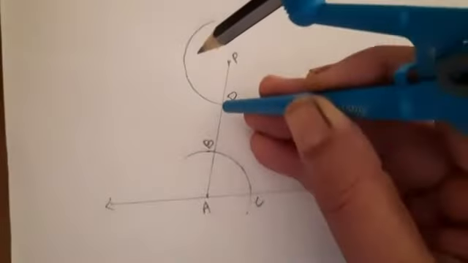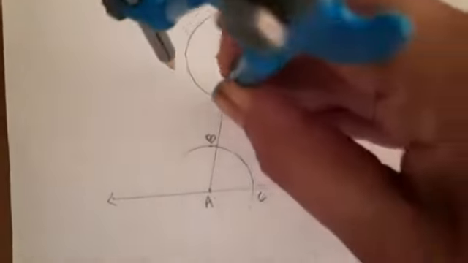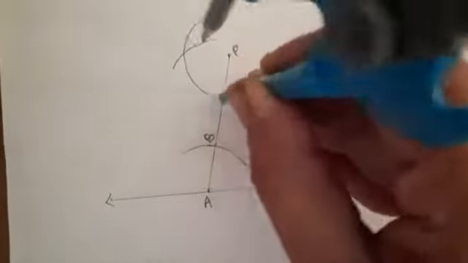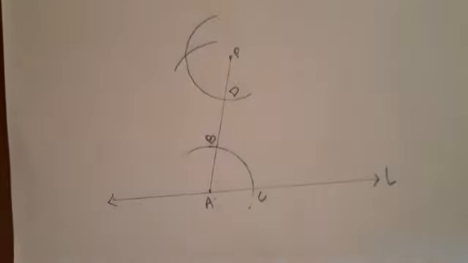Now take this radius, keep D as a center, draw an arc which cuts the previous arc at E.